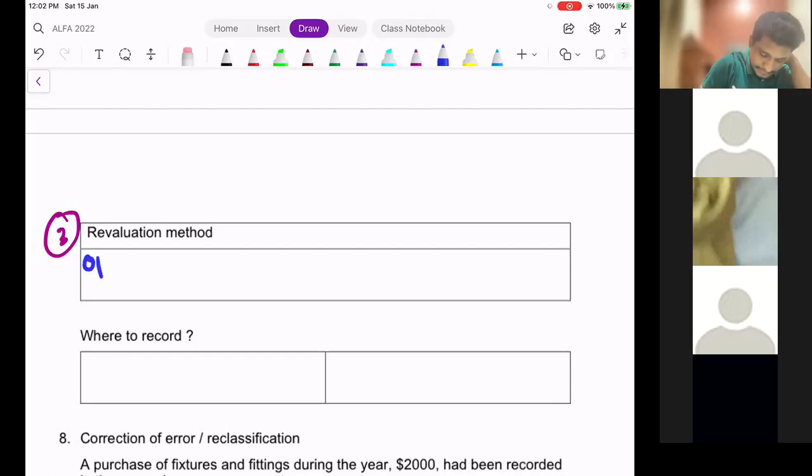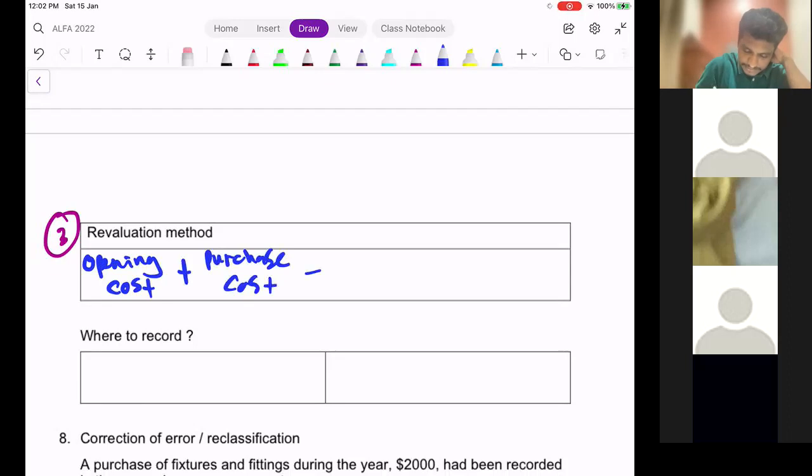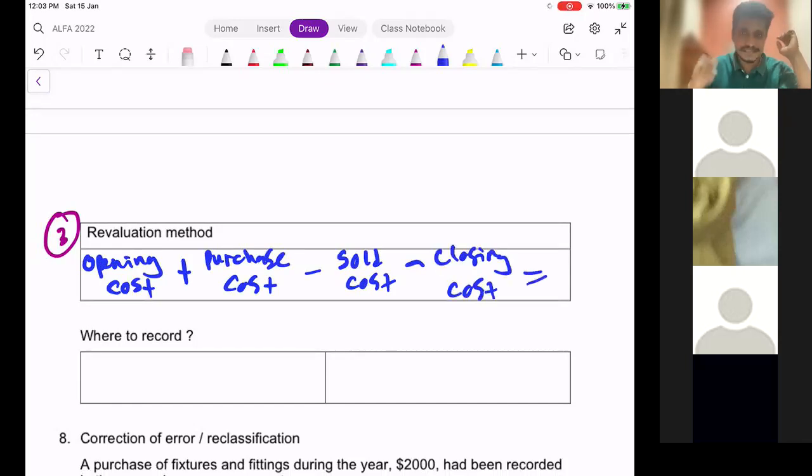We take the opening cost of the asset plus the purchase cost of the asset, minus the cost of the asset that you sold, minus the closing cost of the asset. You will get the depreciation.